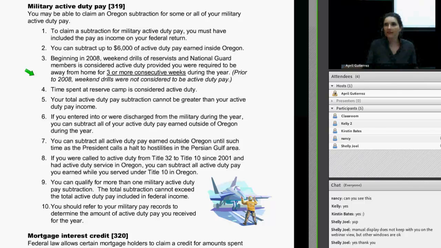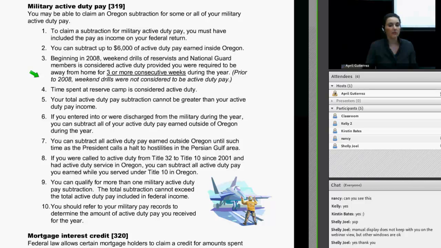And then above and beyond all of that, if you're dealing with a reservist, you're looking to see how much of their taxable pay was for active duty and how much was for those weekend drills. The only way to figure that out is to have that reserve member go in and look the information up.